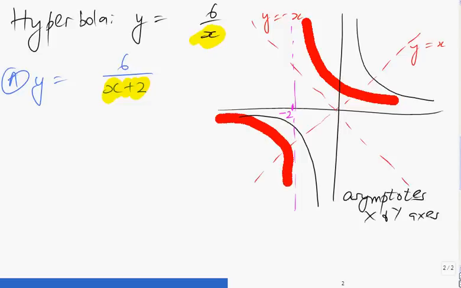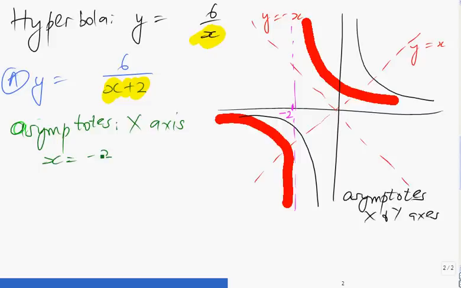Everything is moved 2 units to the left, and we find now that the new asymptotes are now the x-axis as usual, because that didn't change. But now we find the asymptotes also include the line x equals minus 2. It is now shifted there.